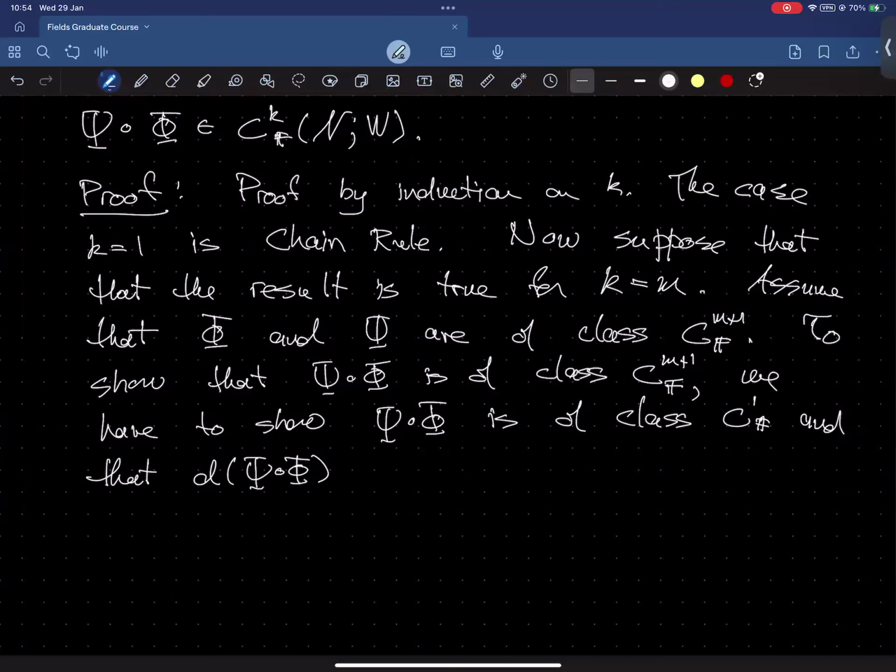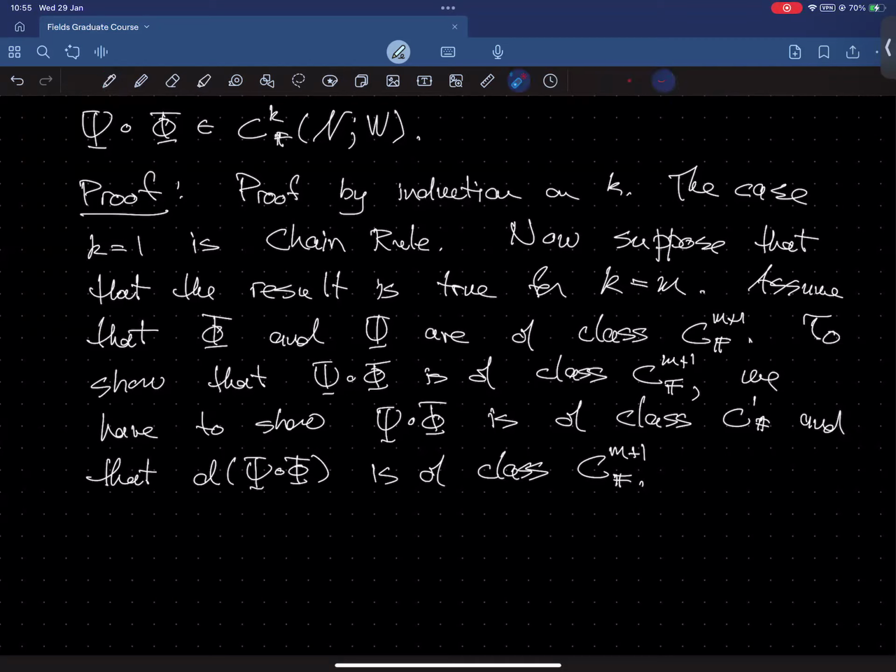And that's what will allow us to conclude that the composition is of class Cm plus 1. That's the definition.